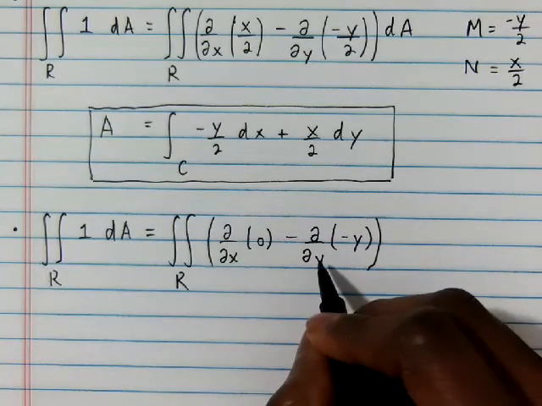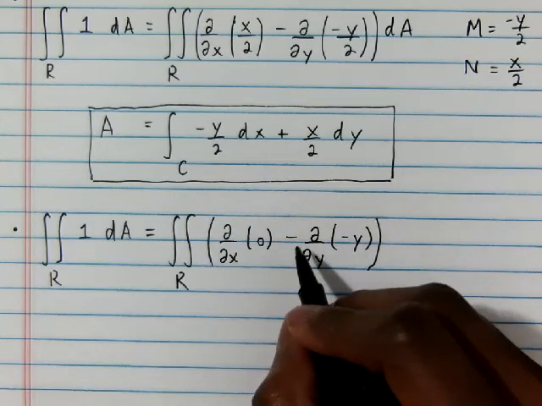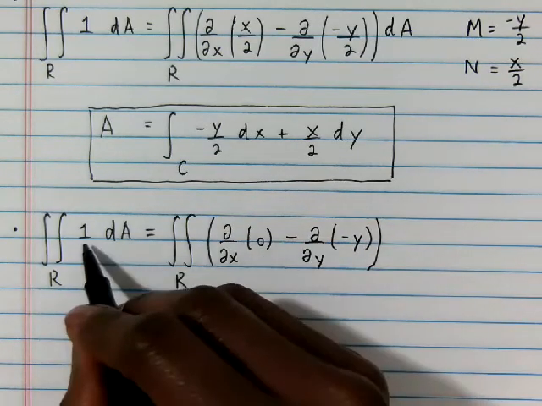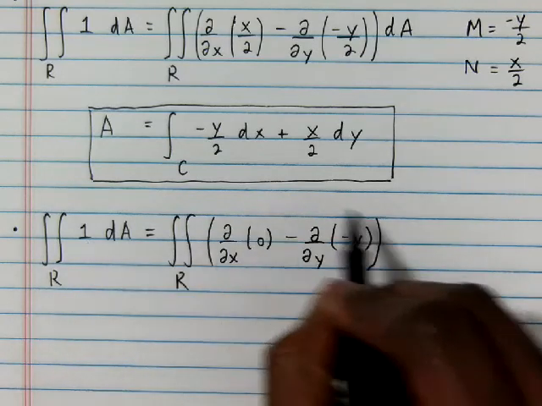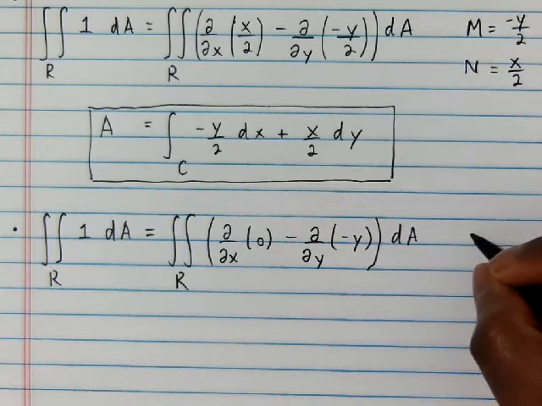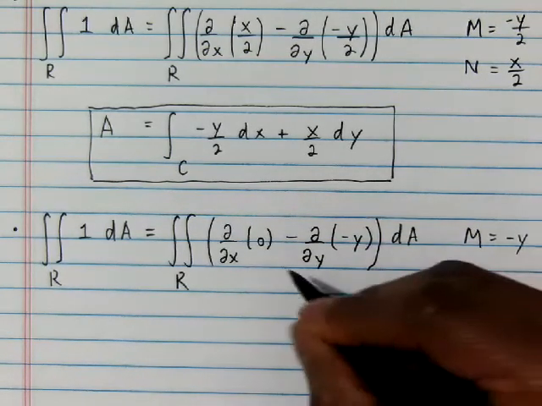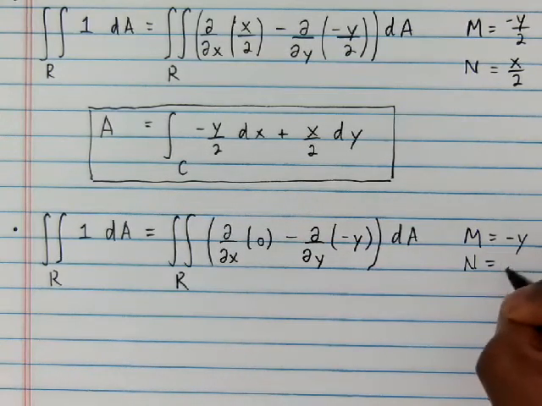We know the partial derivative of negative y with respect to y is negative 1. So we get 0 minus negative 1, which gives us 1. So we know this is really an area formula, where here our M is negative y and our N is 0.